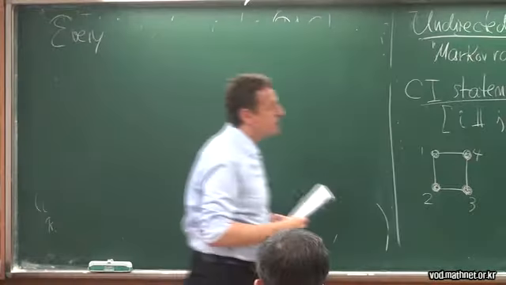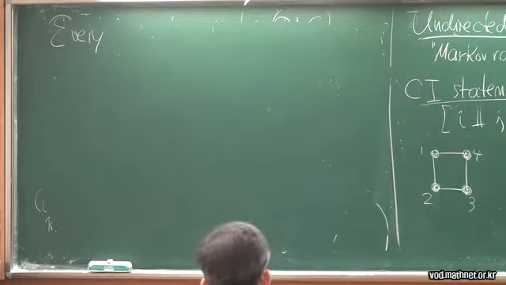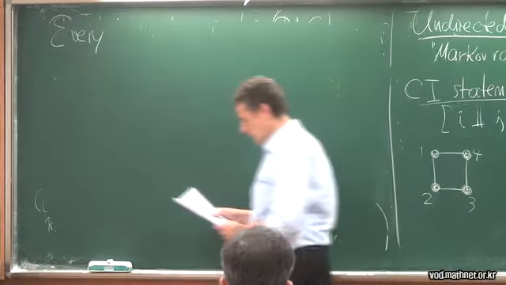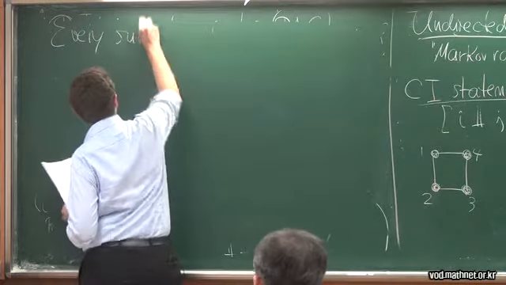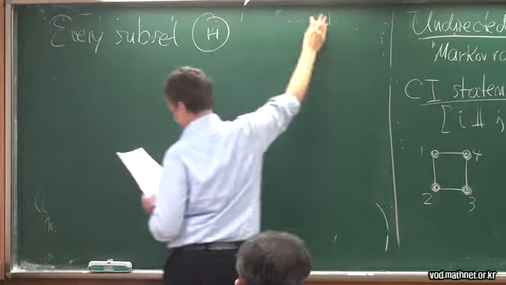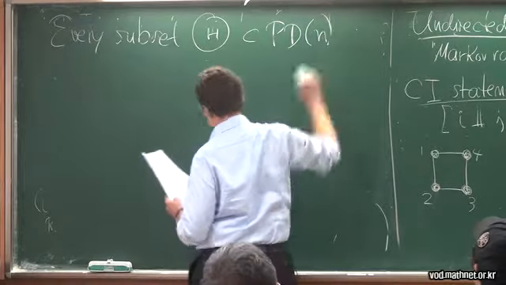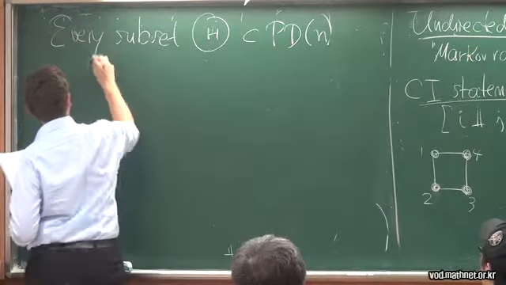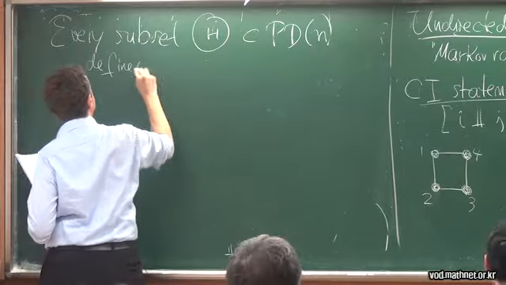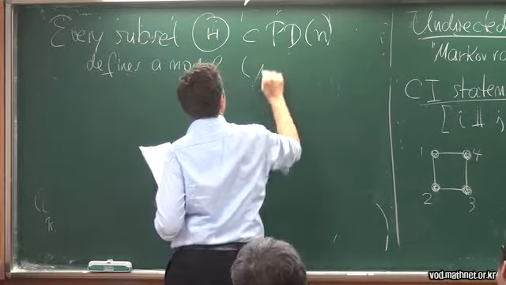Typically what we do is we ignore the mean. We place no constraints on the mean. We don't care really what the mean is. What we care mostly is this positive definite matrix. So every subset theta inside the positive definite cone defines a model, and we leave mu unconstrained.